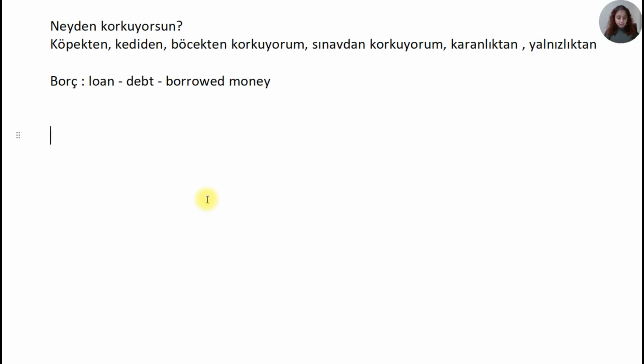For example, my mom can say, tabakları, the plates, tabak, koyar mısın? Can you put the plates? Okay, and she gave me. Now the question is to where? And I will ask this, nereye? And my mom can say mutfağa, to the kitchen. Or my mom can say masaya, to the table. The koymak verb is related with direction.